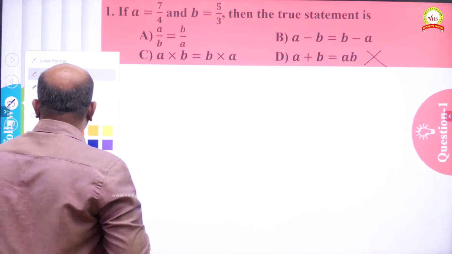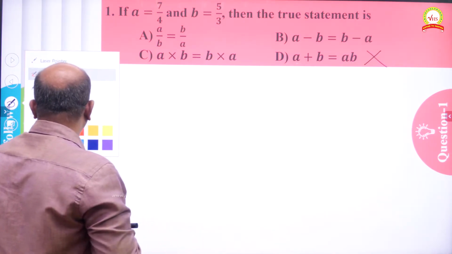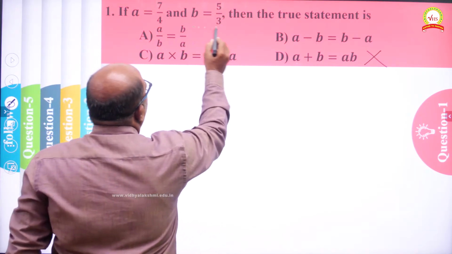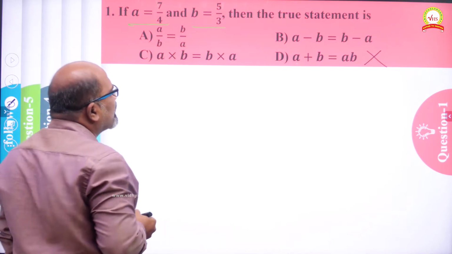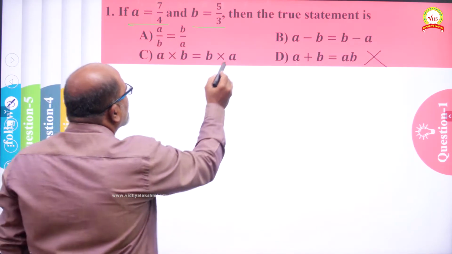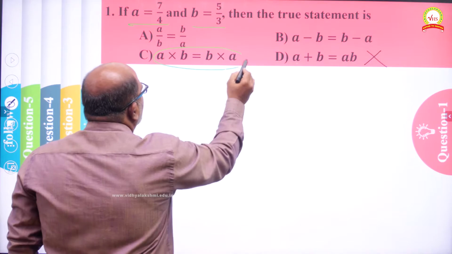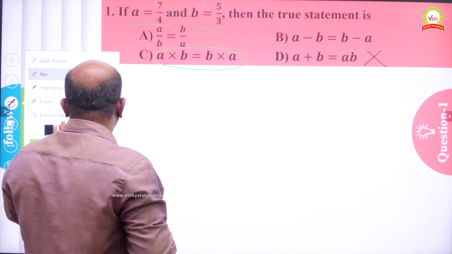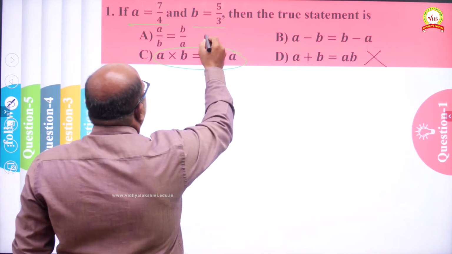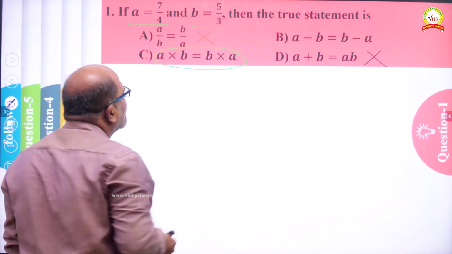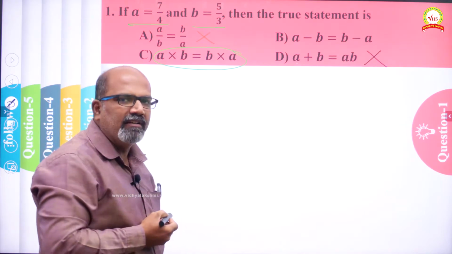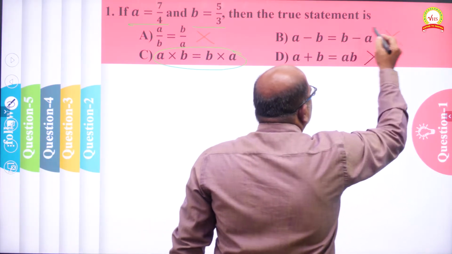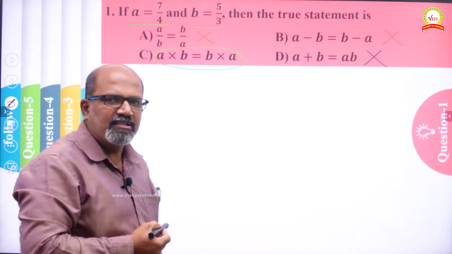Since the given numbers are rational numbers, they obey only the commutative property of multiplication, and will not obey the commutative property of division, and also will not obey the commutative property of subtraction.